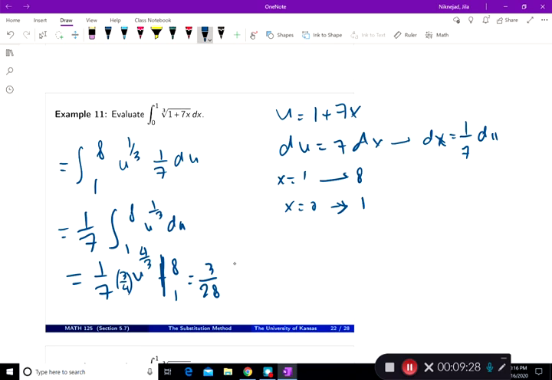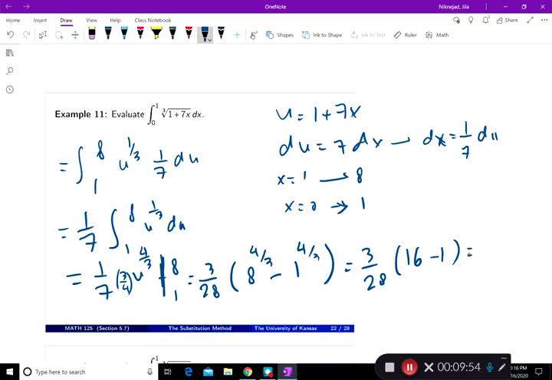And that is 8 to the power 4/3 minus 1 to the power 4/3, times 3 divided by 28. 8 to the power 1/3 is 2. 2 to the power 4 is 16. 1 to the power 1/3 is 1. 1 to the power 4 is 1.